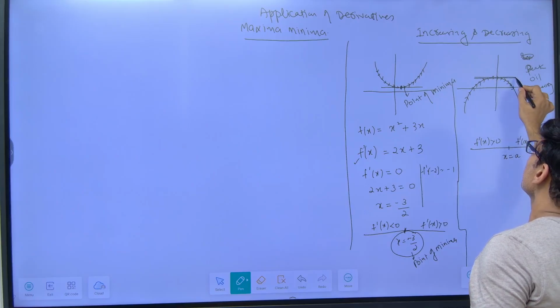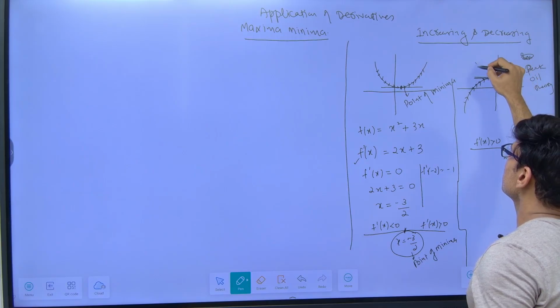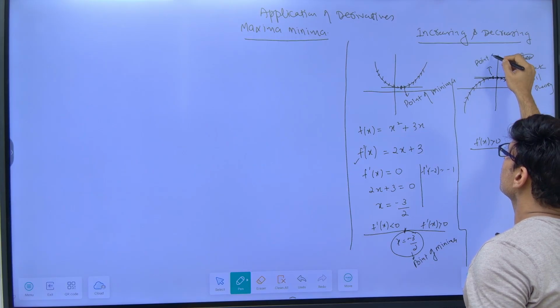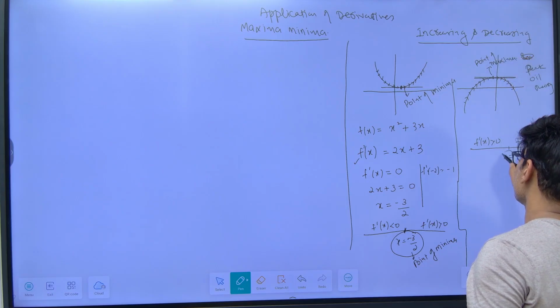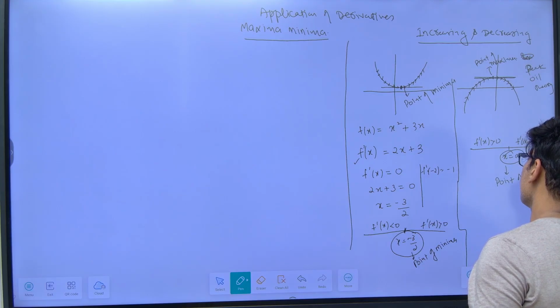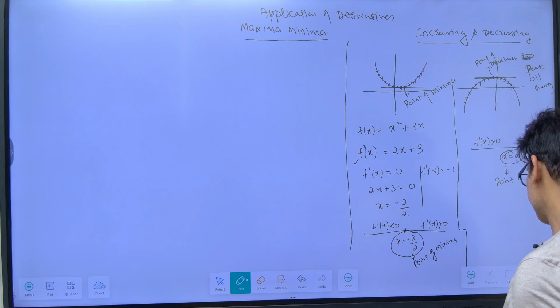Where it changes its path, its trajectory, this is called the point of maxima. So here x is equal to a is the point of maxima. Point of minima and point of maxima.